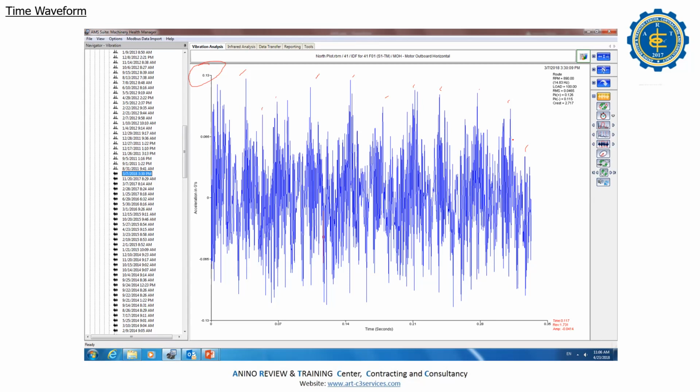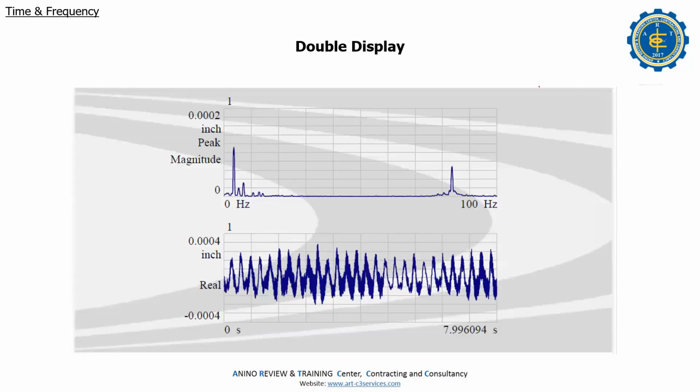You have 4 stages, right? First stage, second stage, third. So here you can see that there is a first stage, because the vibration is not so high, and then there is an impacting. So it's easy to make a report.